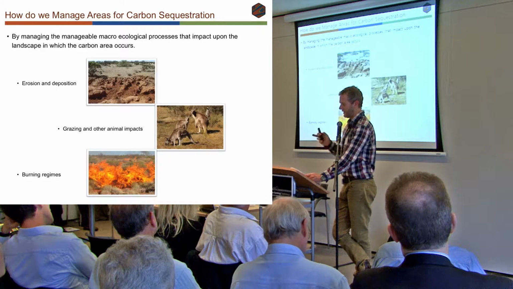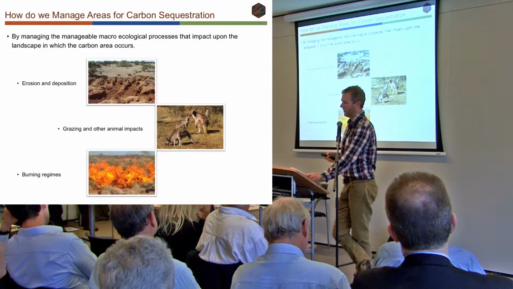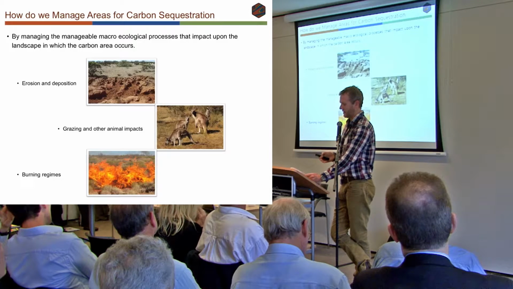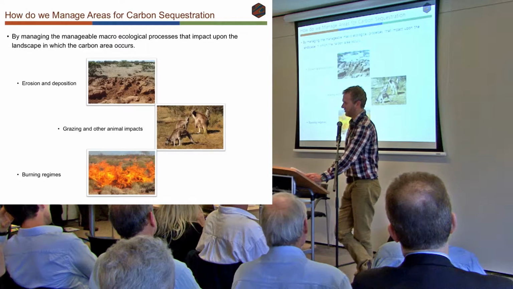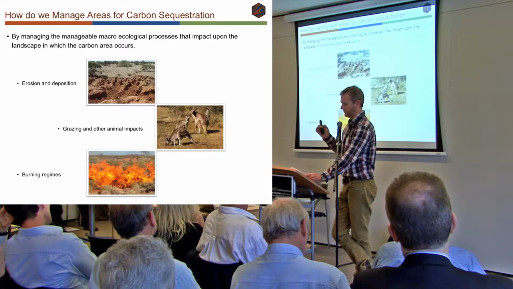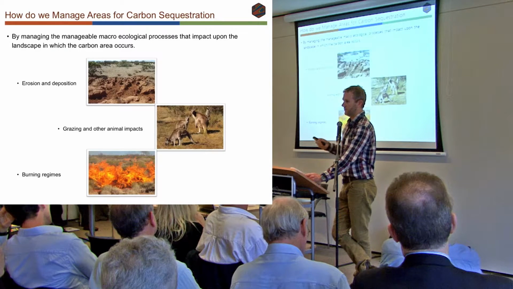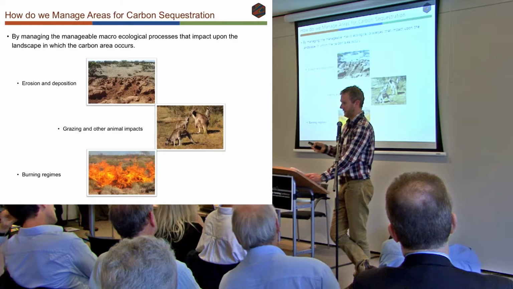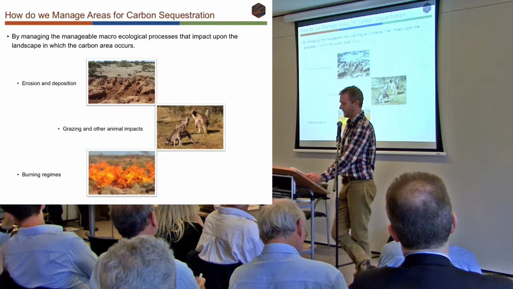So with those three processes, if we can get a good handle on those, we're going to have a pretty good chance of improving our above and below ground biomass, and therefore leading to all this chain of events that's going to bring us to hopefully a good, healthy, functioning ecosystem, which is also a good carbon land system.